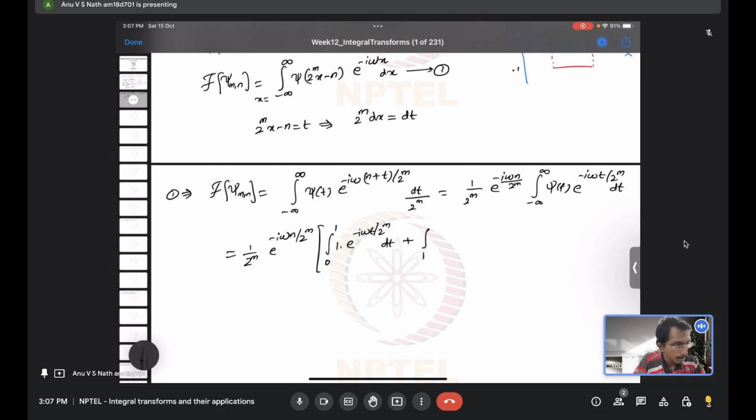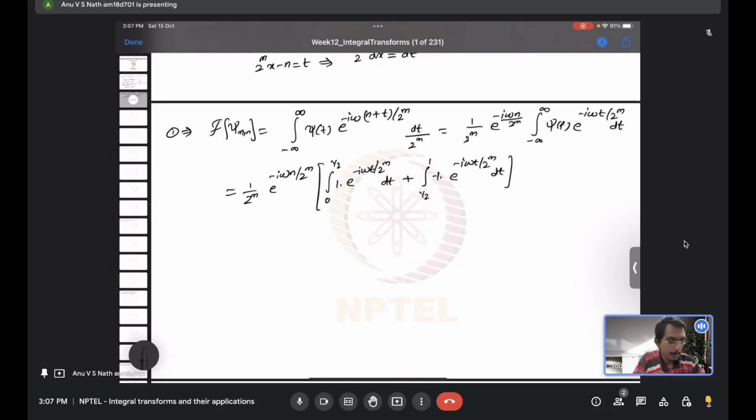Then from half to 1, its value is minus 1, times e raised to minus i omega t by 2 raised to m dt. And 0 everywhere else, so those parts I am not writing. So it is 2 raised to minus m, e raised to minus i omega n 2 raised to minus m.